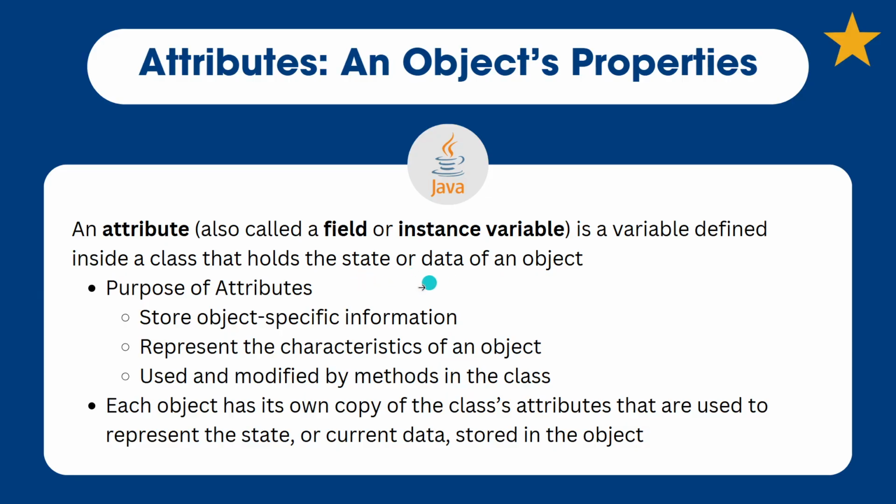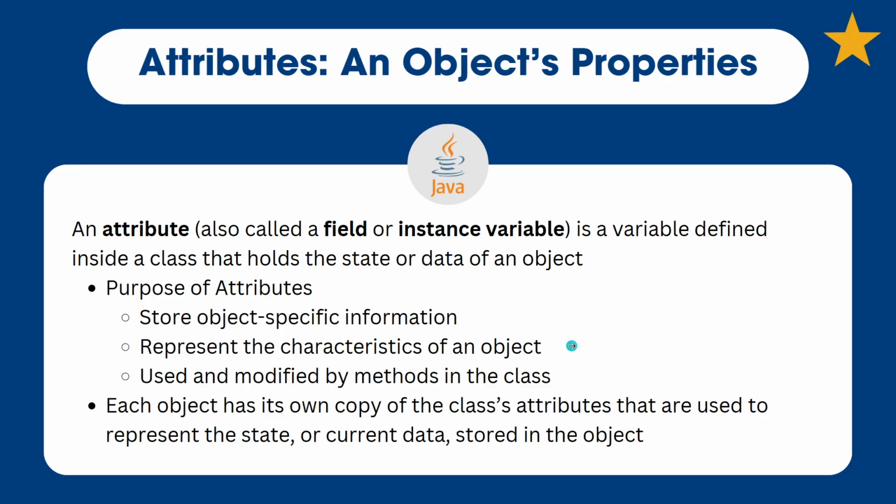So all those instance variables, for example, the Honda, the Civic, the red, all those values describe the current state of a car object. So the purpose of attributes is to store object-specific information, represent the characteristics of the object, and of course, the methods are going to transform or use or access those values.